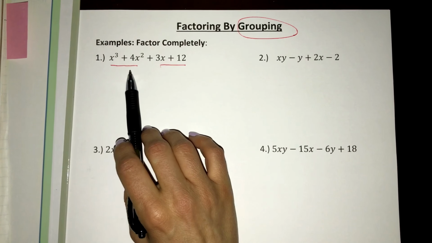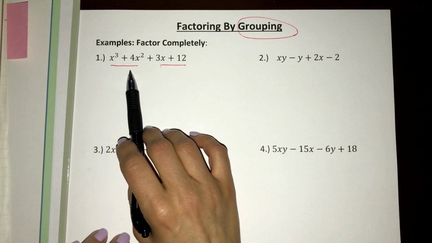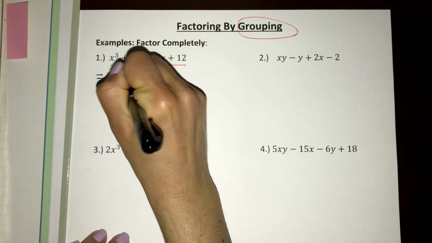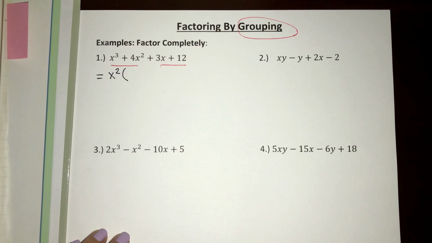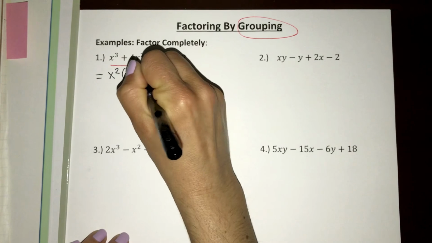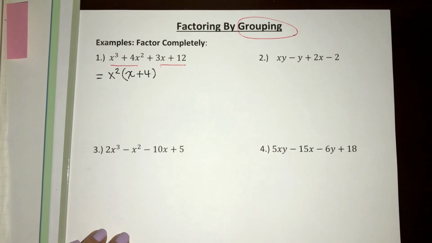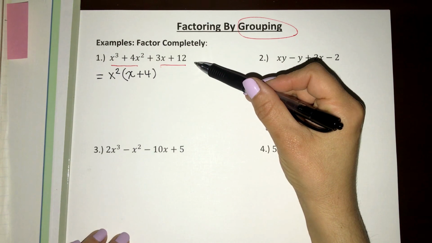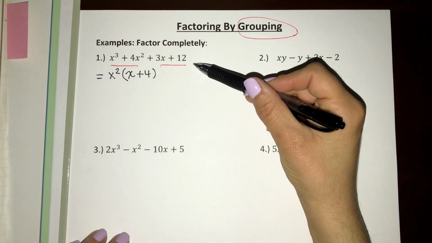Greatest common factor here would be x squared. And then once that's factored out, we're left with x plus 4. The second group, we can factor out 3, that's the GCF. So we're taking out a positive 3.